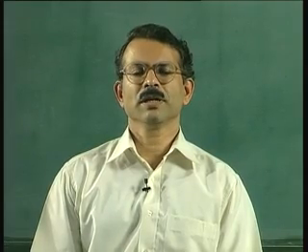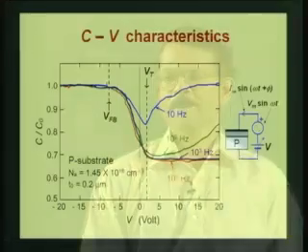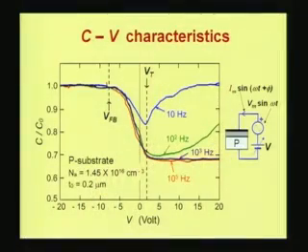Now, let us see what we will try to address in the next few lectures. The most important thing that we would like to explain for the MOS junction or the MOS capacitor is the CV characteristics shown in the following slide. So, let us look at the characteristics in detail.